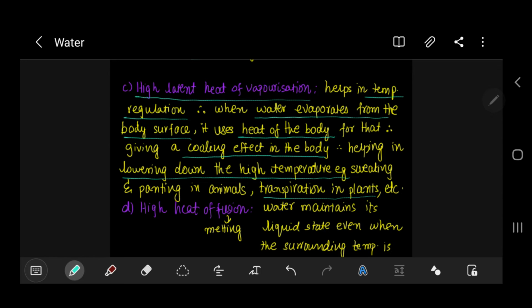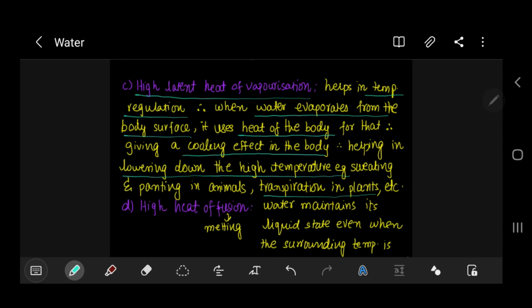Now, how a cooling effect? Because as we know, a very high amount of heat is required to transform the water into water vapor. So when the water evaporates from the body's surface, it takes with it a very high amount of body heat.